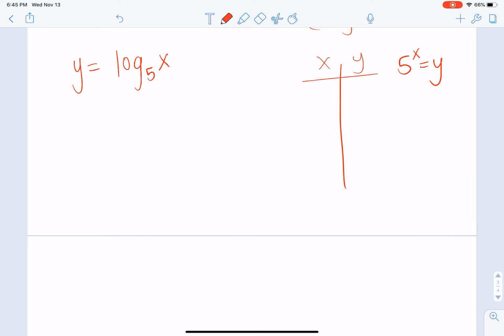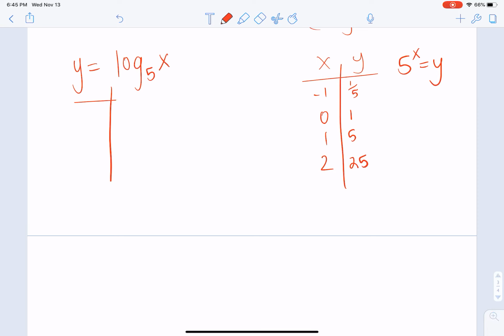For example, if I wanted to plot y is equal to log base 5 of x, the first thing I would do is make a table for the exponential version of this: 5 to the x power is equal to y. Again, I would plug in -1, 0, 1, and 2. So -1 gives me 1/5, then 1, 5, and 25.